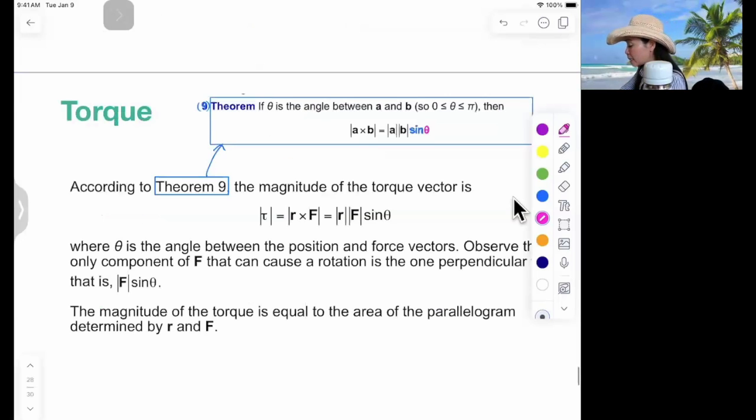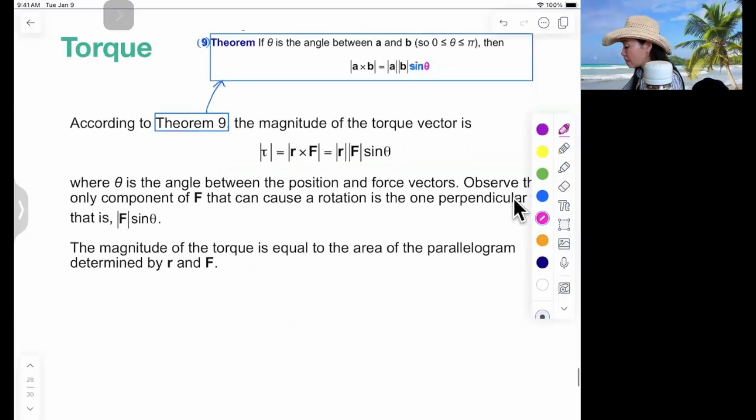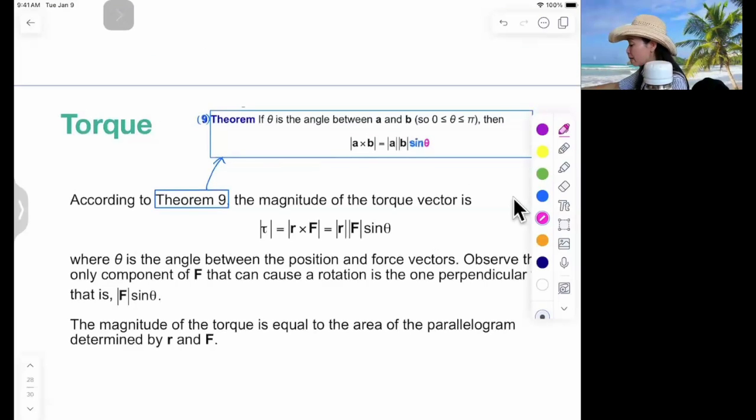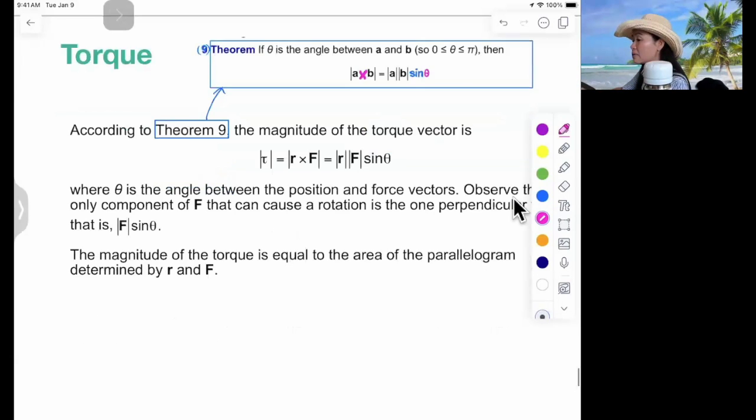Let's just try this example then. According to theme 9, remember the magnitude of the cross product is what? Magnitude A times magnitude B times what? Sine of theta. And the dot product is times cosine theta. This one is sine theta.